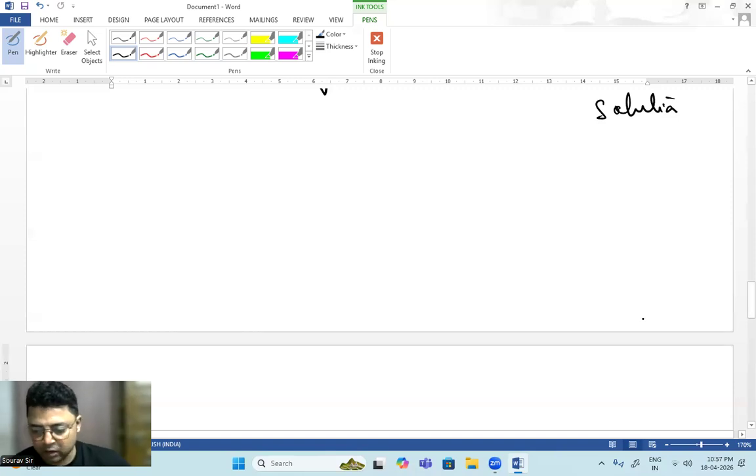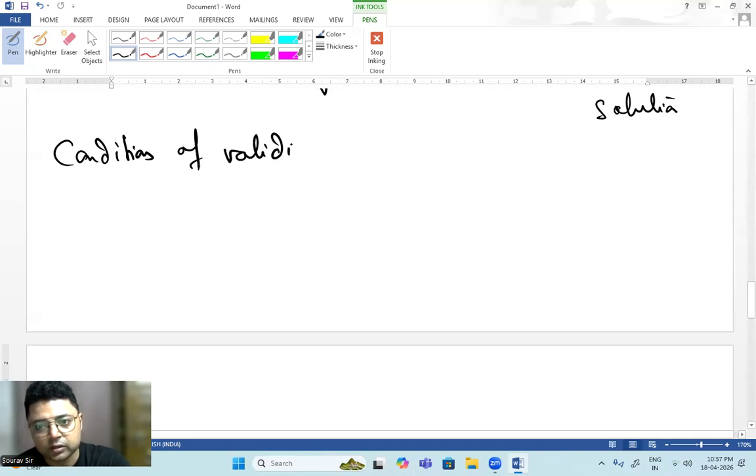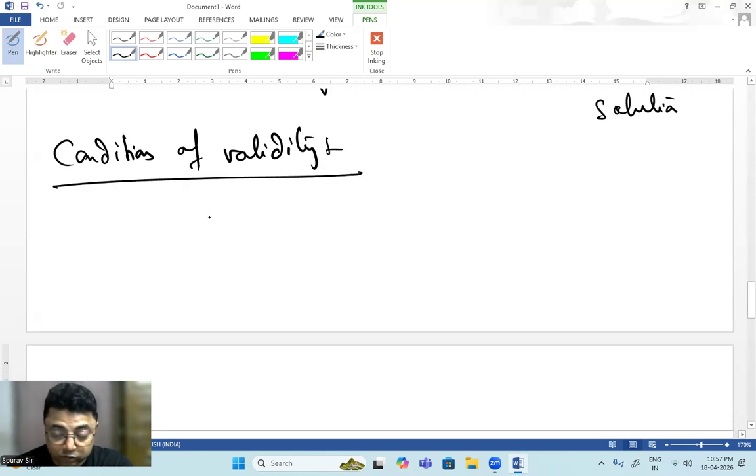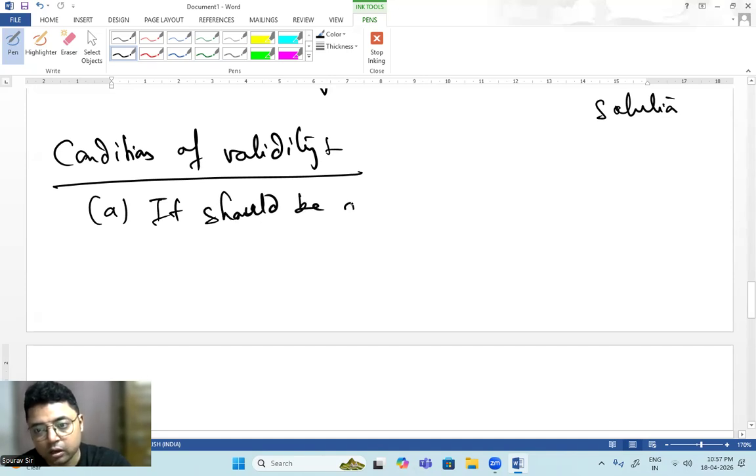Now, what are the conditions for validity of this Van't Hoff equation? There are two conditions. First, it should be a dilute solution.